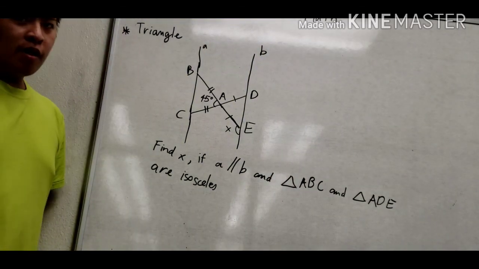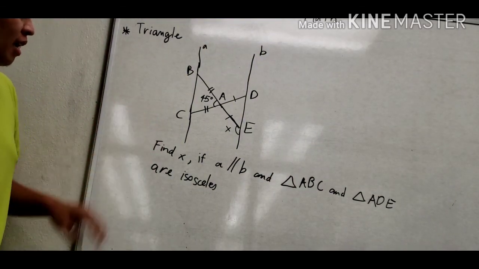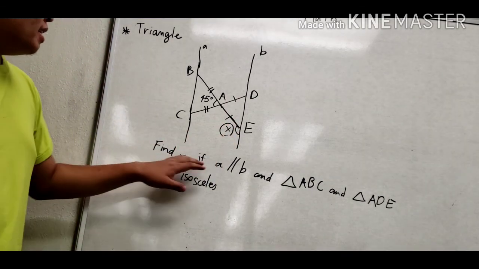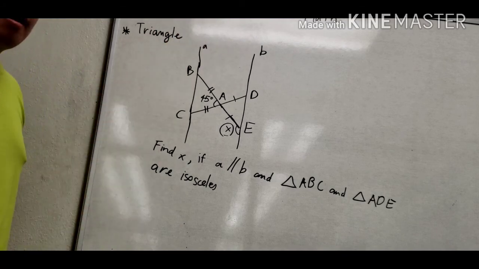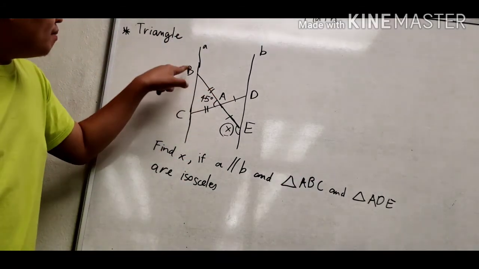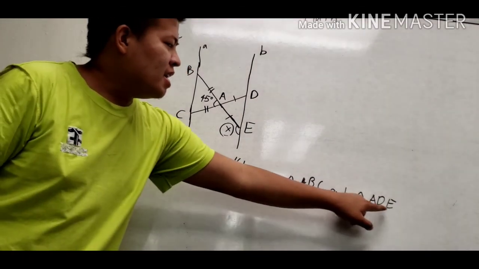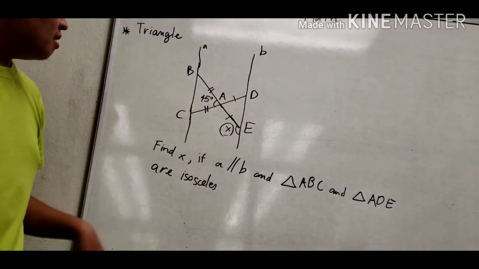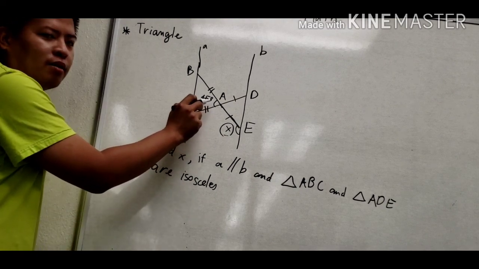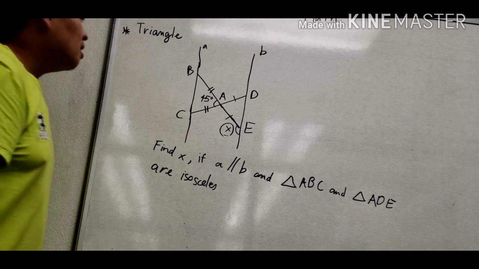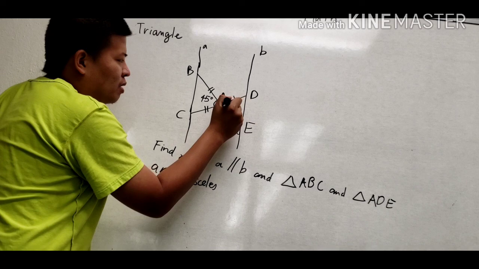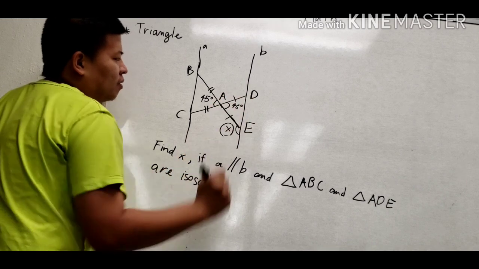So in this question, they provide the figure, and they ask to find the S here. Find S if A and B here are parallel, and triangle ABC and triangle ADE are isosceles. They provide the angle A as 45 degrees here, and we know that the opposite angle is 45 here too.